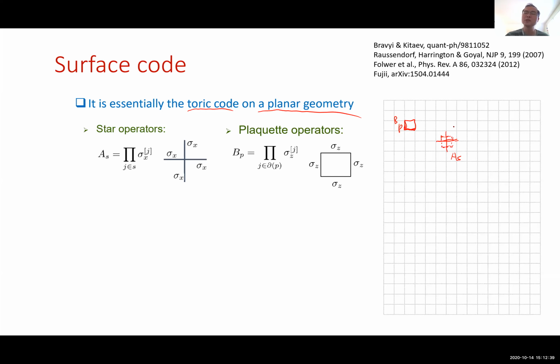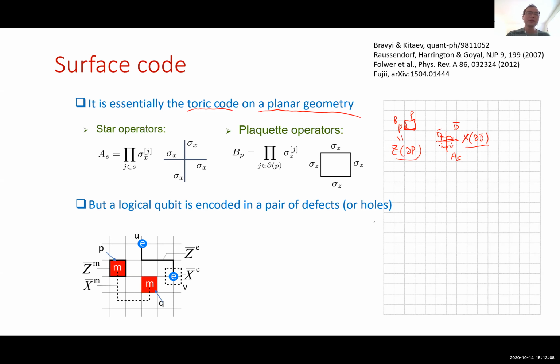So if I draw this, I call this P-bar, the plaquette P-bar, I can just represent this as a product of X on the boundary of this P-bar. If I call this P, then I would say the B_P is simply the product of Z on the boundary. This is just a shorthand notation for this. Okay.